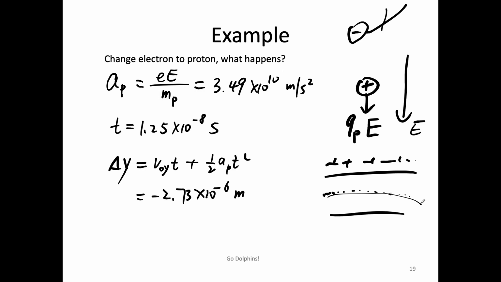You have the same electric force on electron and the proton, but because the mass of electron and the proton are very different, ap is going to be much smaller compared to ae, so the deflection of proton is not going to be so large compared to the deflection of the electron.